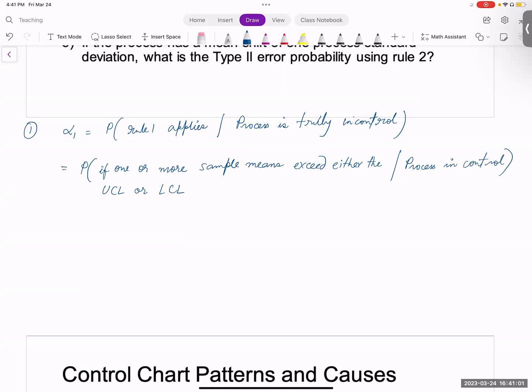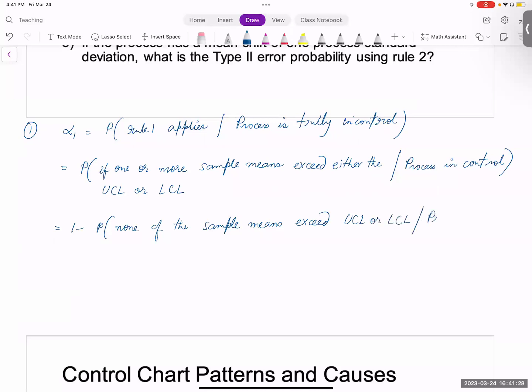Now, saying that if 1 or more sample means exceed either the upper control limit or lower control limit, I can say that this is equal to 1 minus the probability none of the sample means exceed UCL or LCL.